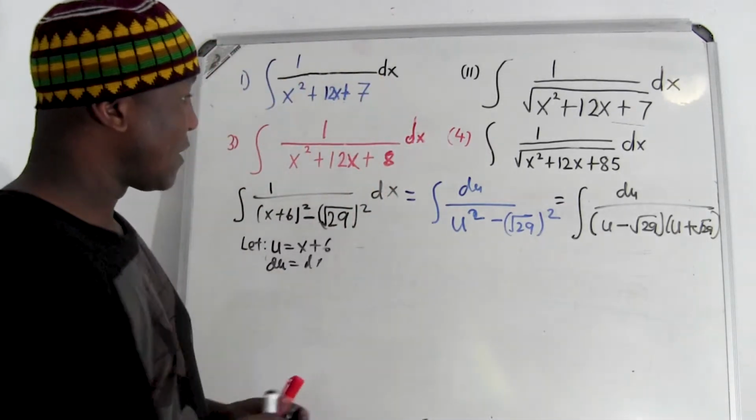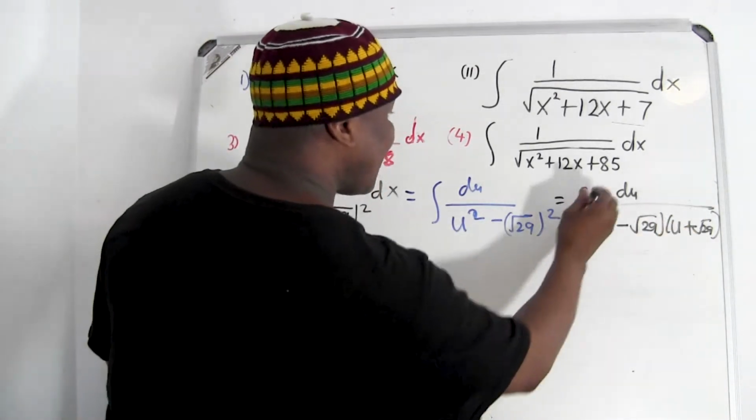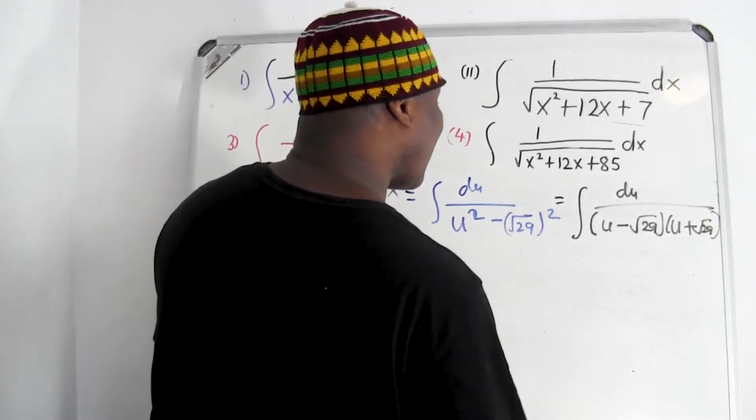So then I'm going to say, okay, so we can use partial fraction. How do we use partial? Let me take this aside and deal with it as a partial fraction.